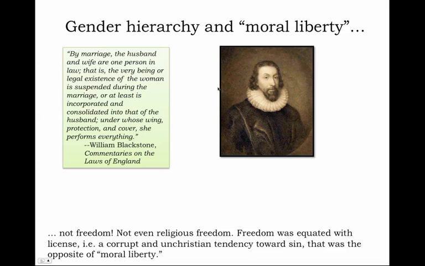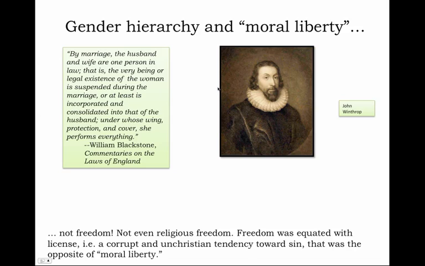Now, this is a portrait of John Winthrop, who will become the governor of the Massachusetts Bay Colony, and who echoed the thoughts of William Blackstone in his writings and in his preachings. He was himself not a church minister, but what we would call a lay preacher, if you will.